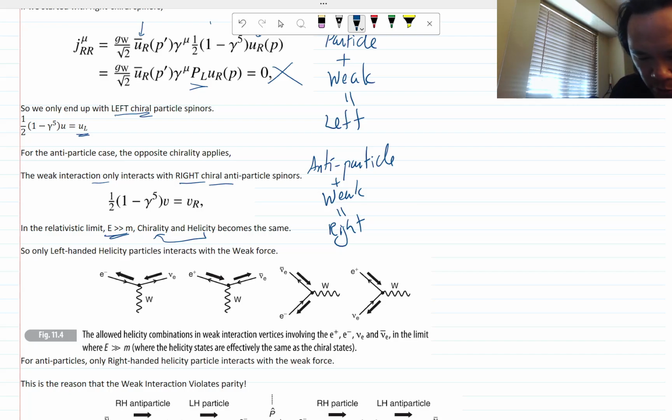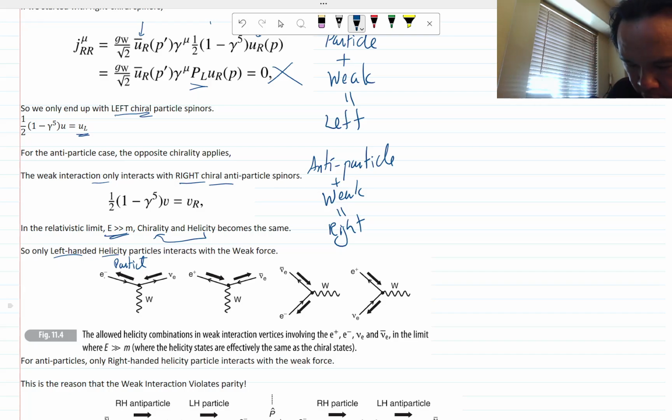So when you have left-handed helicity particles and they undergo a weak interaction, meaning it spits out a W instead of a photon, let's draw this. These are the particle version: you have an electron coming in and a neutrino coming out. Both of those are regular particles, not antiparticles.